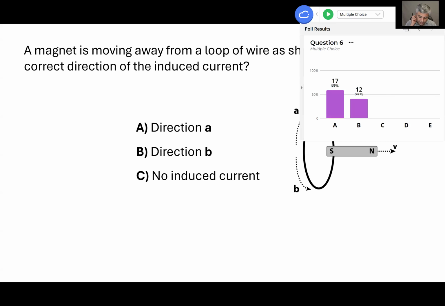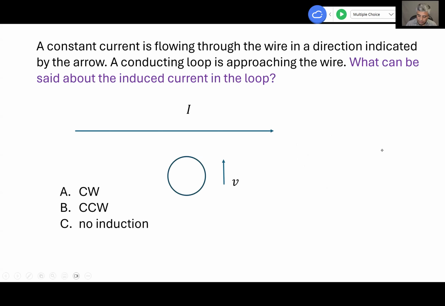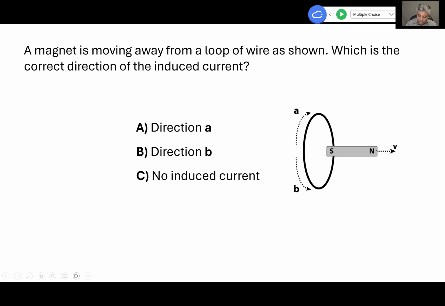We mostly got A. Is that the case? So in this case, see, the north pole is pointing away. So that means the field goes from this way and comes from that way. So if we think the field inside the loop is going that way, that is the original magnetic field. Now, what's happening here? The magnet is moving away, means flux is decreasing.